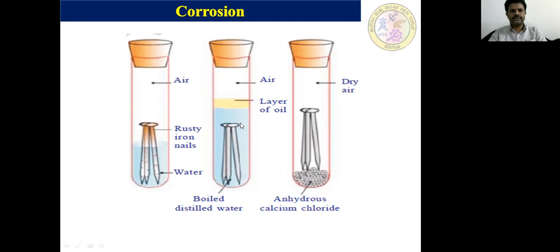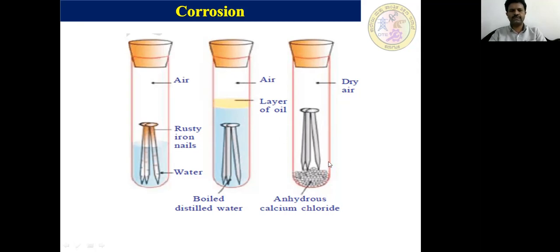In the second case, the iron nail is immersed in boiled distilled water, to remove dissolved oxygen. Here there is no air or oxygen, and the water is covered with a layer of oil, to prevent contact between water and air. The air is above the oil layer, but it is not in contact with the metal.